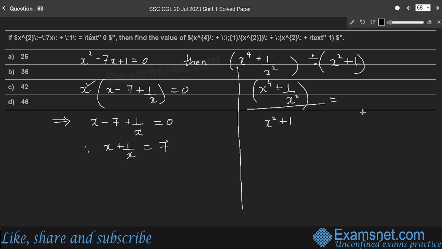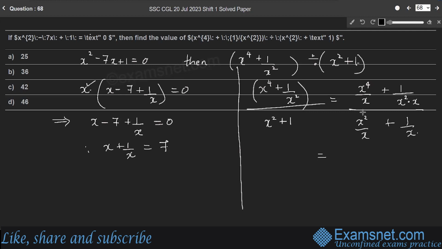When the numerator part is multiplied by x, it becomes x raised to 4 by x plus 1 by x square divided by x means x square here into x. Because we are going to divide the whole 1 by x square by x, it becomes 1 by x cube, and the denominator becomes x square by x plus 1 by x.